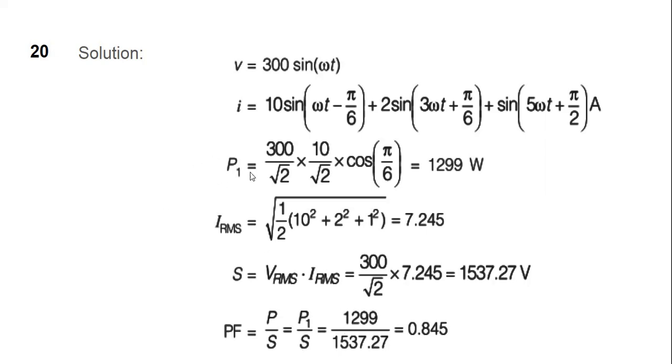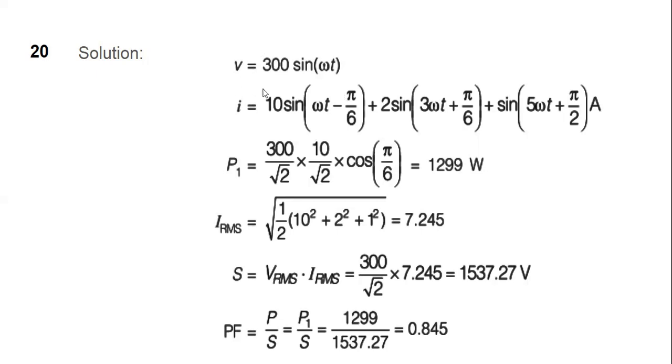For finding the fundamental power, we need to consider the RMS value of the voltage and the RMS value of the fundamental component of the current, and the angle between the voltage and the fundamental component of the current we should take.